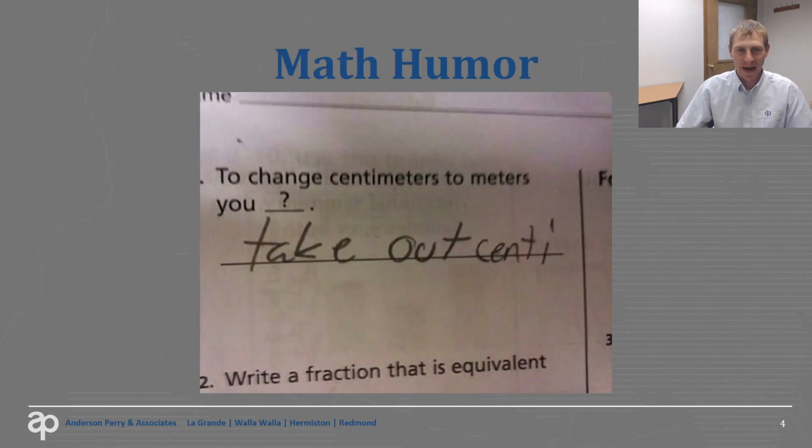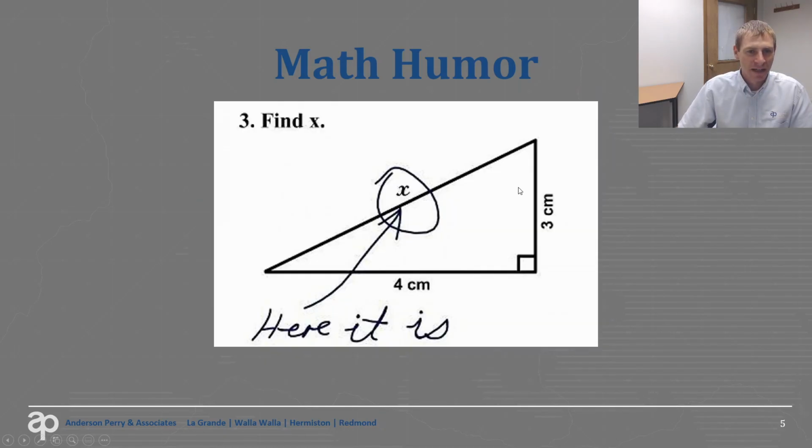We're going to start with a little bit of math humor. So the question is to change centimeters to meters, and the answer here was take out centi. You take out centi from centimeters and you have meters. Next one here is we have a triangle trying to find the third leg, the x, and the answer was here it is, right here.